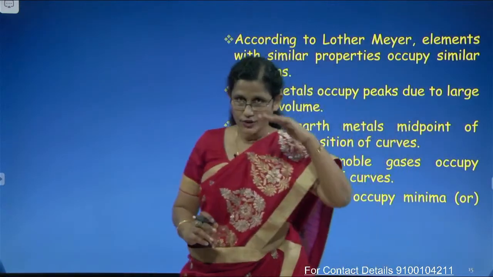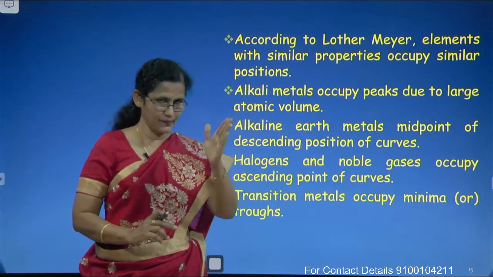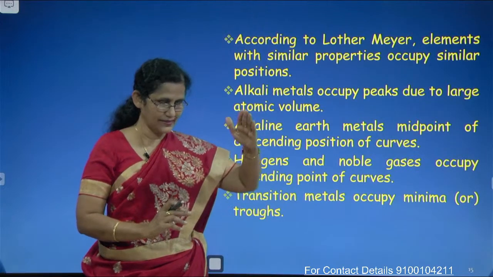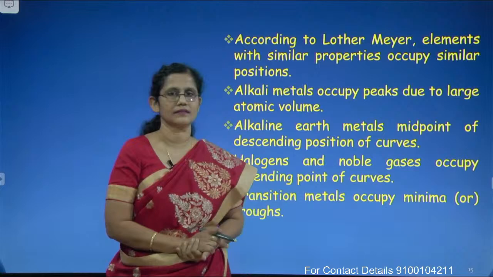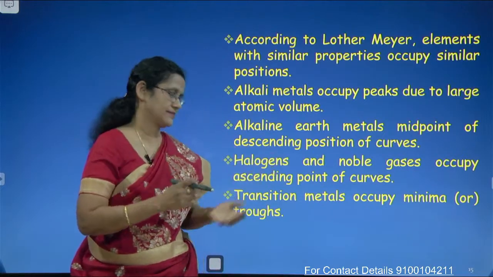Alkali metals occupy the peaks, alkaline earth metals the descending portion, halogens and noble gases the ascending portion, and transition metals the troughs.